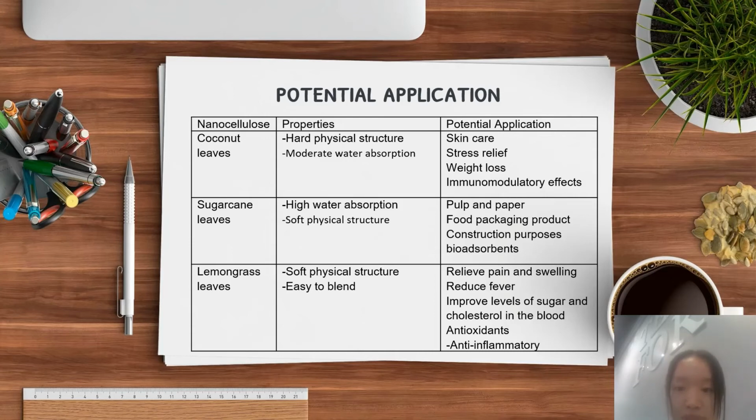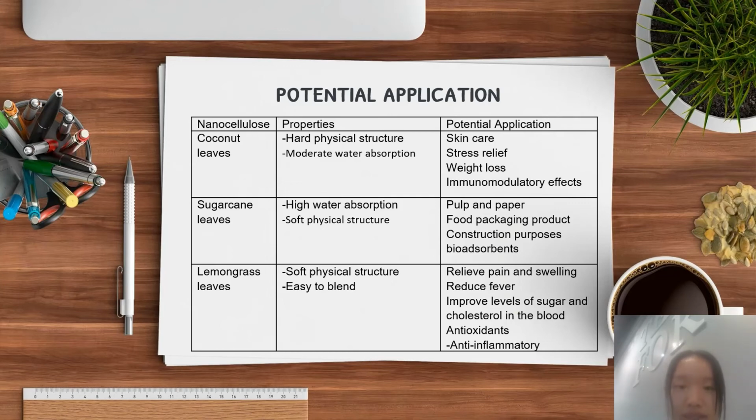The potential applications are pulp and paper, packaging products, construction purposes, and bioabsorbent. Lastly, the properties of lemongrass leaf are a soft physical structure and ease of blending. The potential applications are to relieve pain and swelling, reduce fever, improve levels of sugar and cholesterol in the blood, and as an antioxidant and anti-inflammatory.